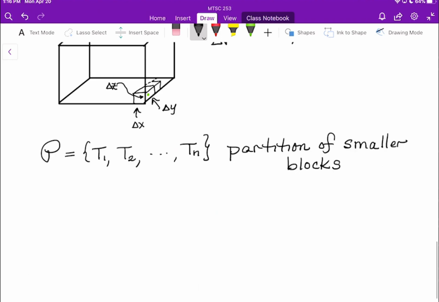So we're going to take a selection, and this is going to be a bunch of xk star, yk star, zk star, so that's a selected point for each block.